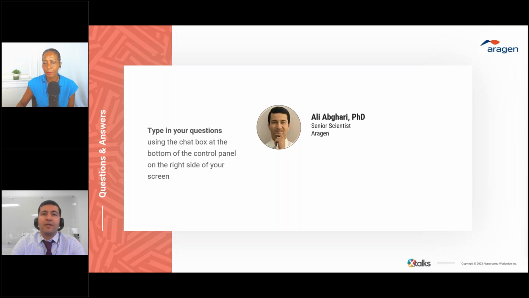And machine learning can be another factor that is going to play a more important role in the future, not only for optimizing the medium, but also for better design of experiment and for identification of more critical process parameters. These are the factors that I can mention to address this valuable question.